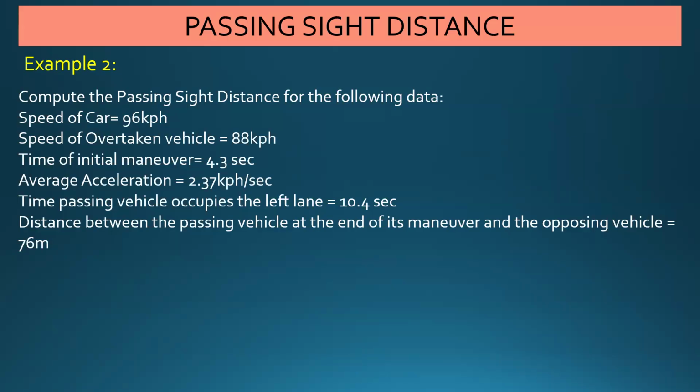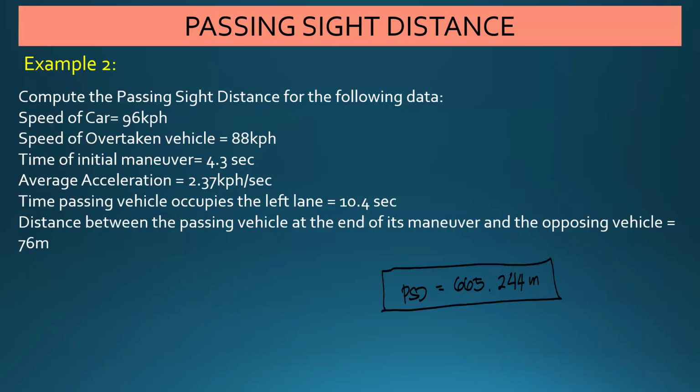So I want you to practice it on your own. I'm just going to give you the final answer, which is a passing sight distance for this equal to 244 meters. So try to solve it on your own.